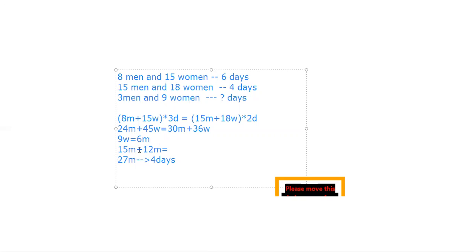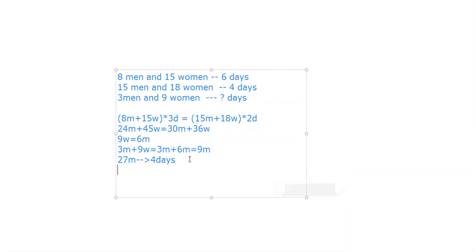Now the question is 3 men and 9 women. Instead of 9 women, I can take it as 6 men. So they become 9 men. So now the question becomes: 27 men can complete a work in 4 days, so 9 men will take how many days to complete the work?